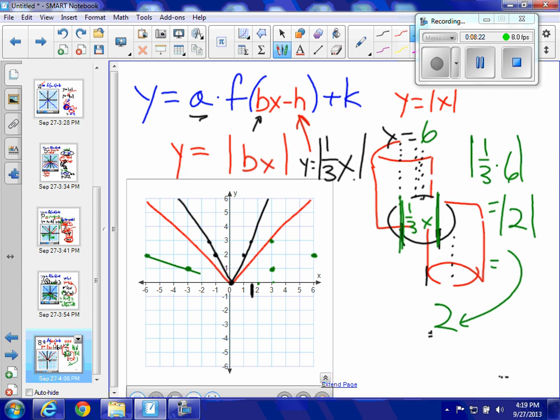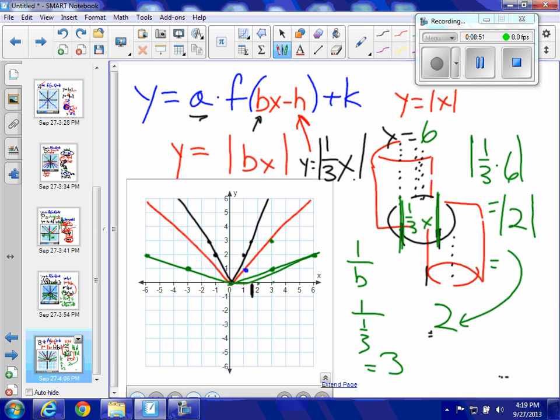So my graph now, with a b that is a fraction, is horizontally stretched. And it's stretched by 1 over b. 1 over 1/3 is the same thing as 3. So let's look at the parent function.